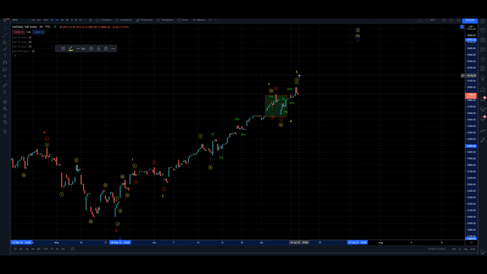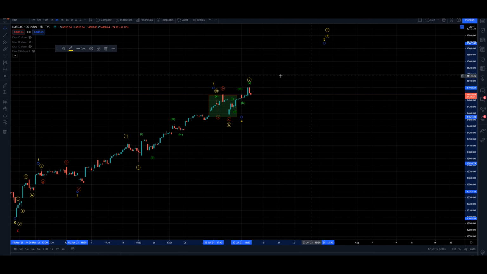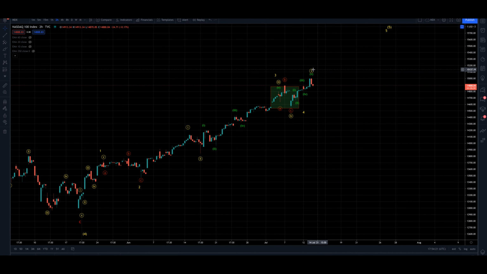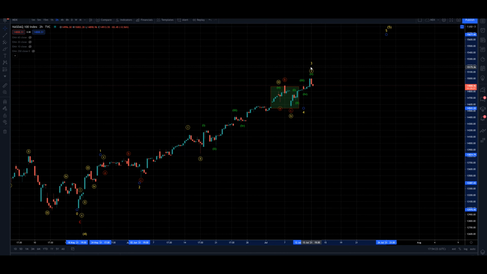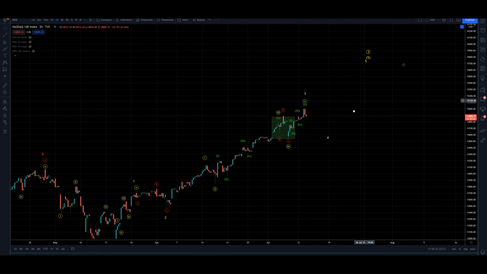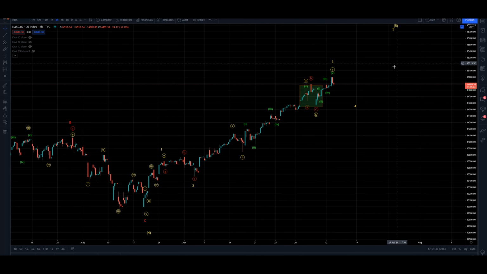It's possible, but it's not my preference. Given the count I've got here, I think we're putting in a minor 3 now. We've had 5 waves up here at minute degree, so maybe a 4 now, and then we're going to push up into that 5th of the 3 over the coming week.